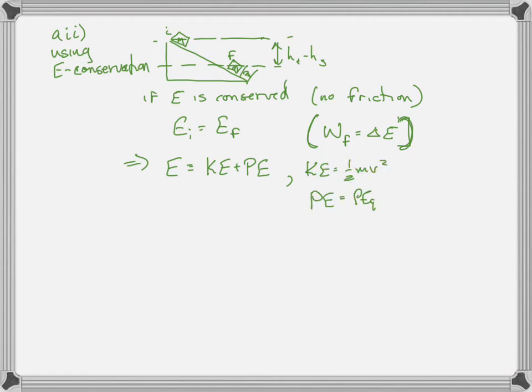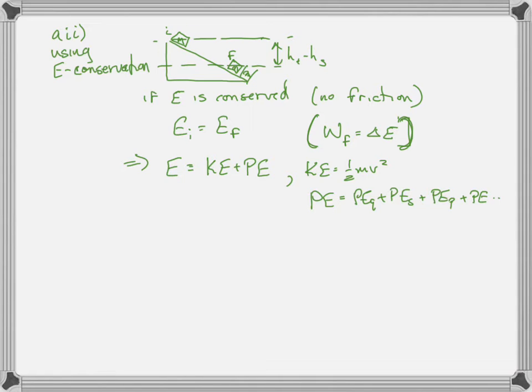Kinetic energy is 1/2 mv squared, but potential energy could be the potential energy due to gravity, or due to springs, or due to pressure, any kind of potential energy you can come up with. That's your mechanical energy, which only changes if there are non-conservative forces.